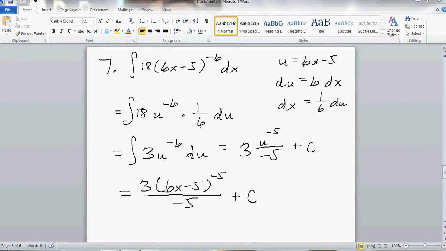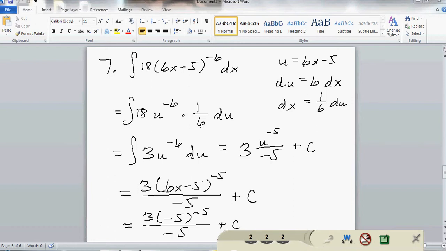Now we are told y of 0 equals 1. So I just need to plug in 0 for x. And so what I get is 3 times negative 5 raised to the negative 5 power over negative 5 plus c. And I've done something I shouldn't have.